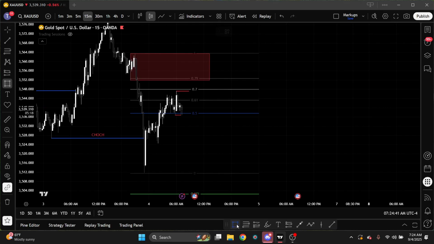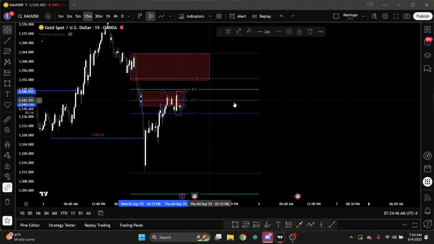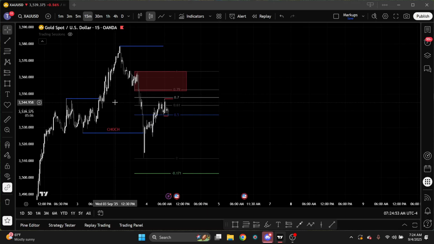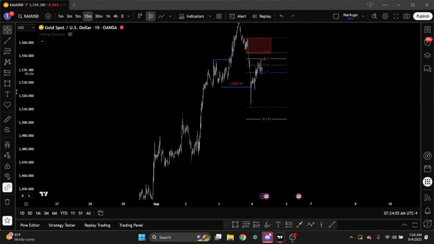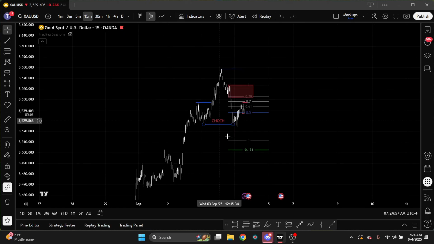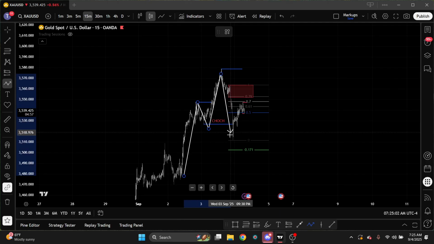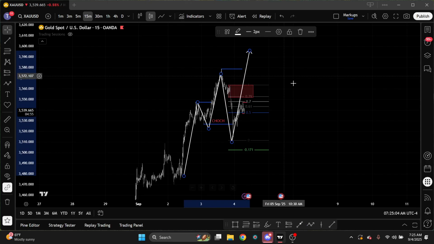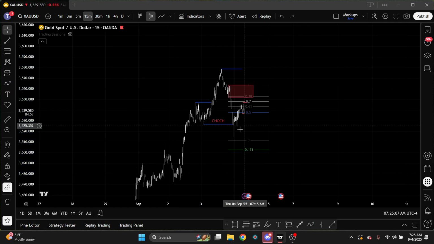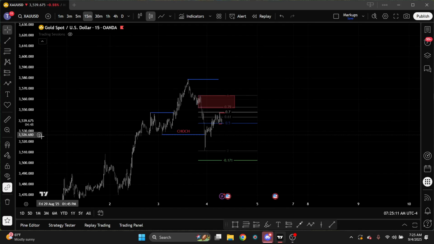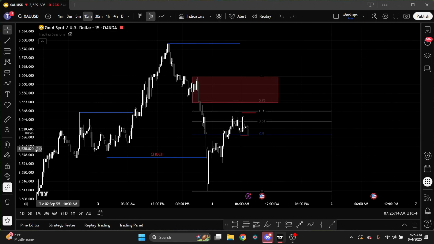We do have a supply zone in 5 minutes, so we can work it out. But right now, honestly, I like my little bias for today. Yes, we have been bullish. Yes, this might just be a liquidity grab to go higher, but I'm gonna just see what price action structure tells me once the session starts.